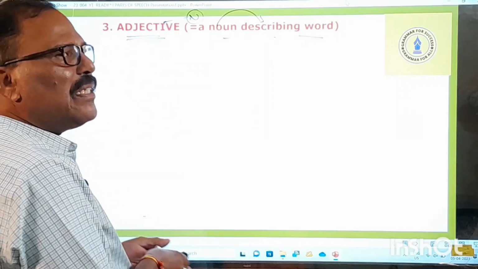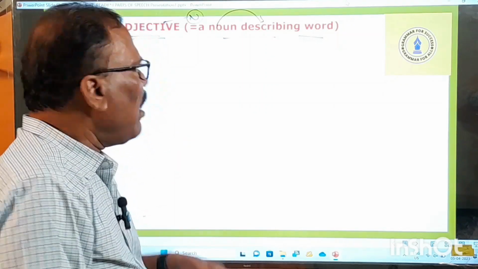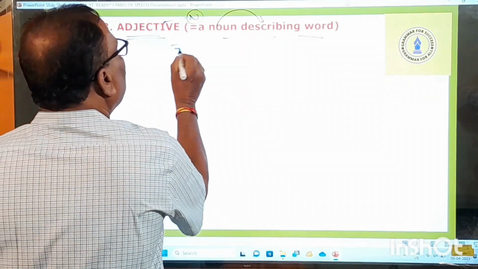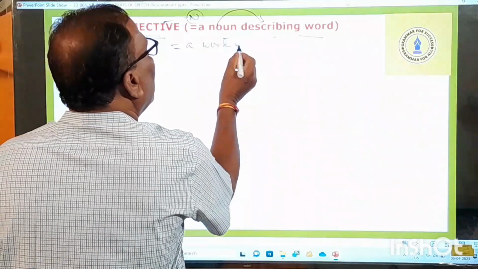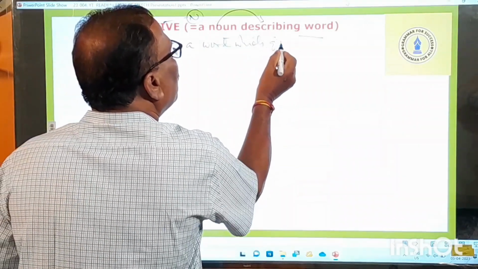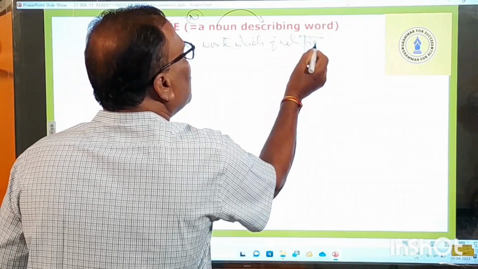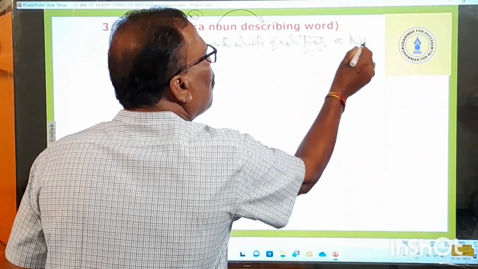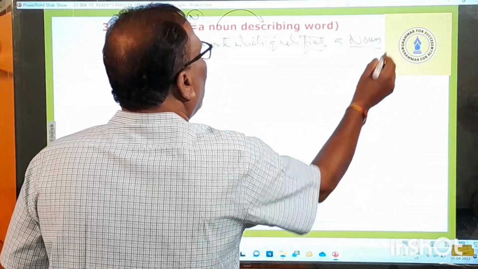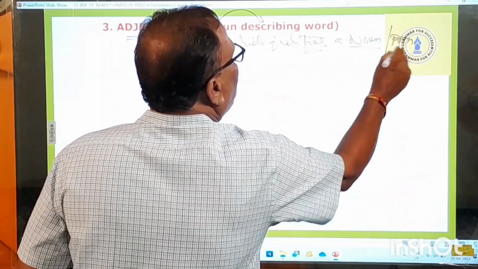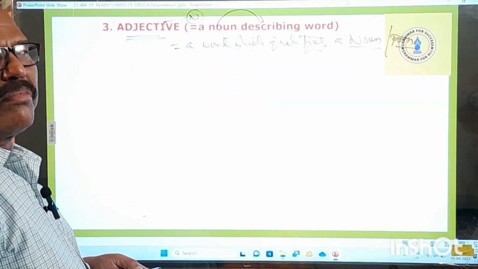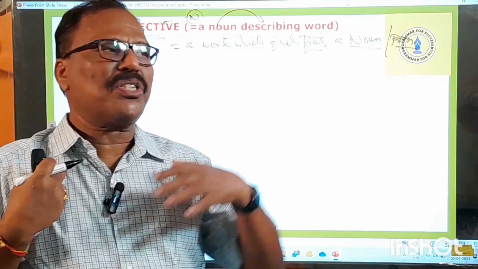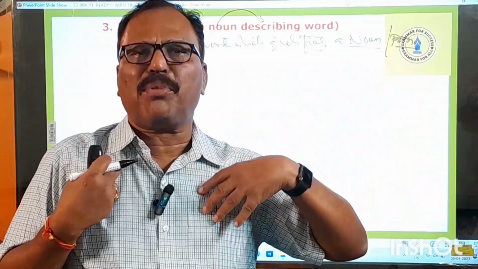In grammatical terminology, we can say an adjective is a word which qualifies, qualifies means again describes, a noun or a pronoun. An adjective is a word which qualifies a noun or a pronoun.